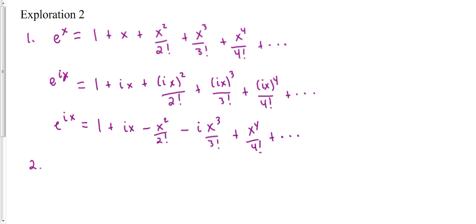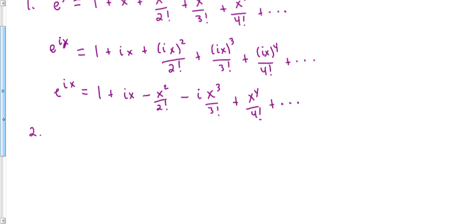So part 2 says, use the result of part 1 and the Maclaurin series for cosine x and sine x to prove that e to the ix is equal to cosine x plus i sine x. Now, I think prove is a little strong.